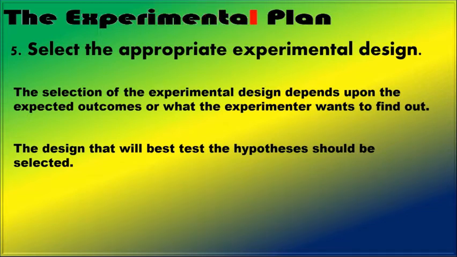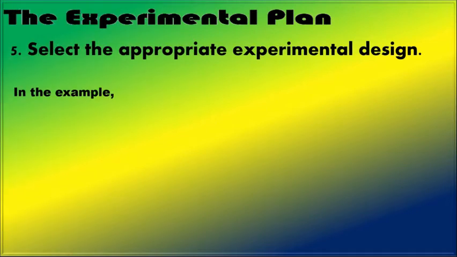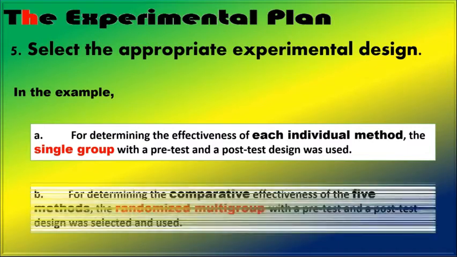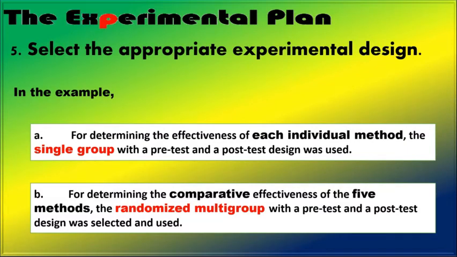In the example, the experimental designs selected and used were: A. For determining the effectiveness of each individual method, the single group with a pretest and a post-test design was used. B. For determining the comparative effectiveness of the 5 methods, the randomized multigroup with a pretest and a post-test design was selected and used.